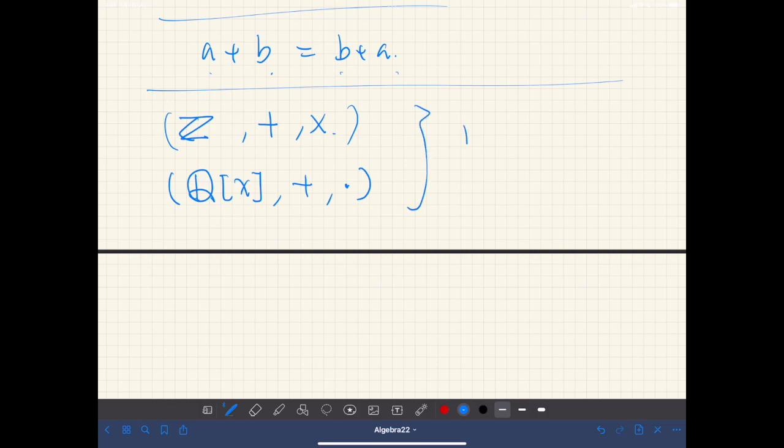So these are rings. If we can prove something about rings in general, then those theorems will be applicable to both of these sets simultaneously. So we don't have to deal with them individually. That's a nice thing about abstract algebra. And of course, there are many other examples of rings.